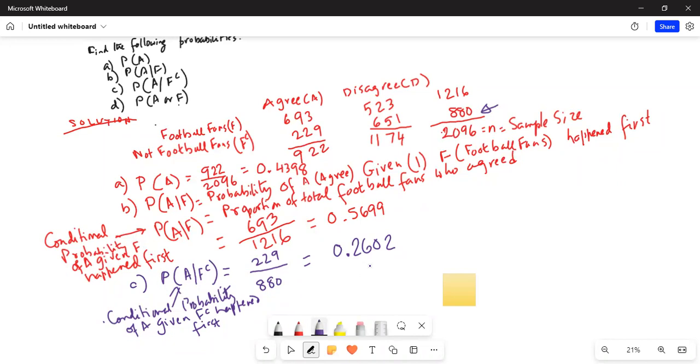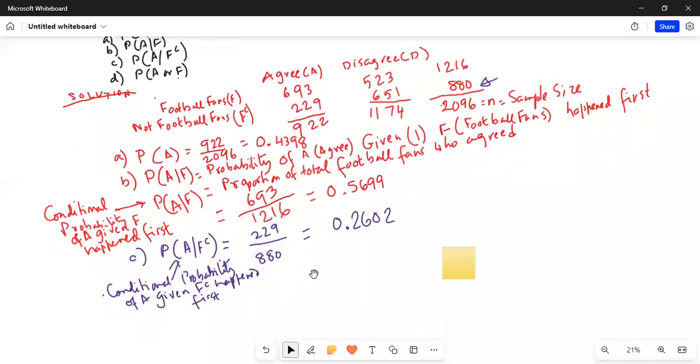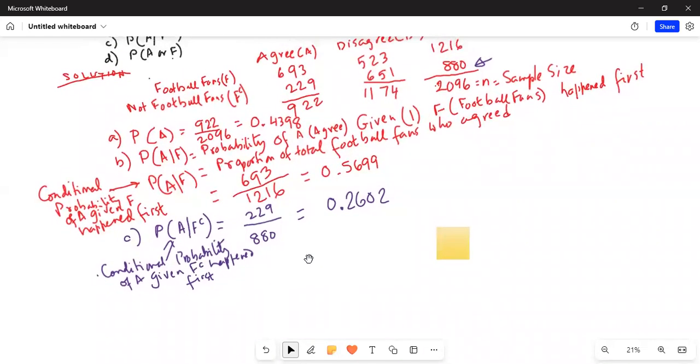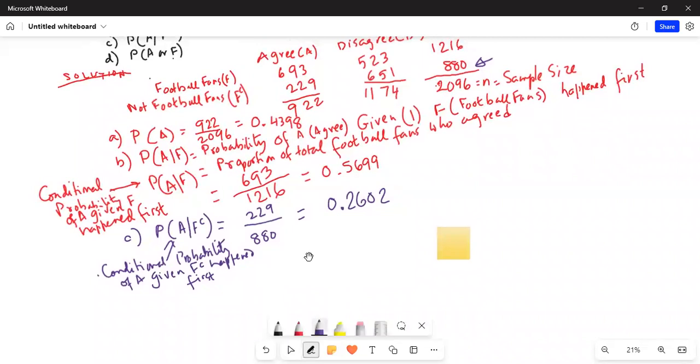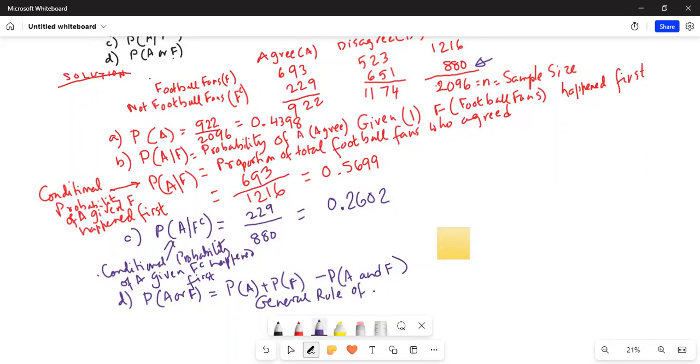Okay. Now we will create some space and do part D. We are required to find out the probability of A or F. We are going to use the general rule of addition, which is probability of A plus probability of F minus probability of A and F. This whole thing is called the general rule of addition of probability.